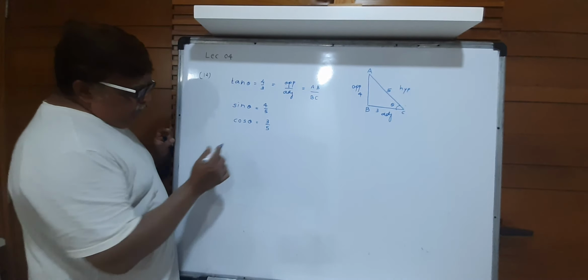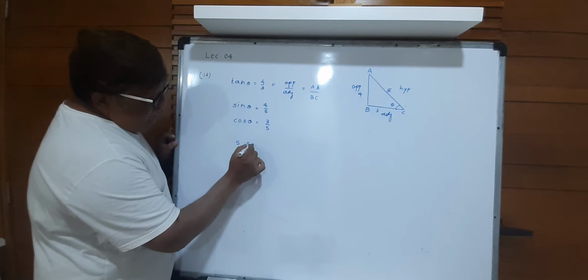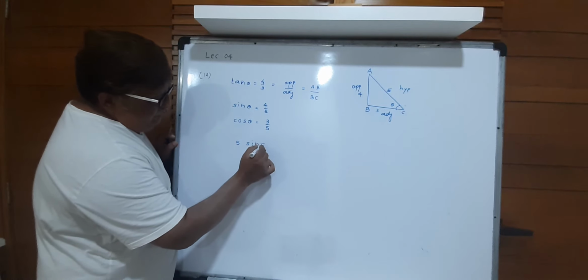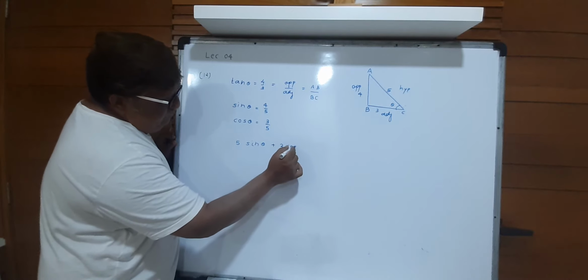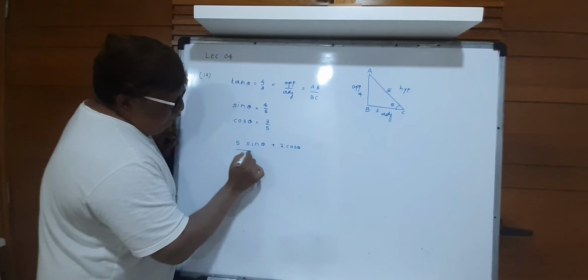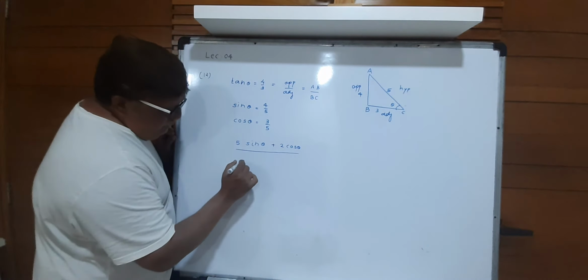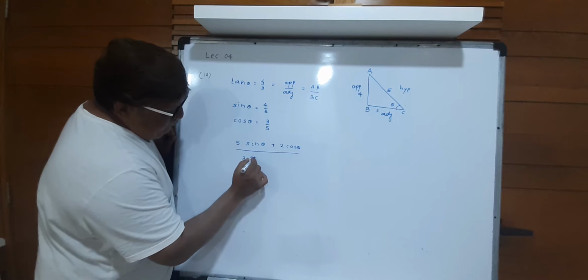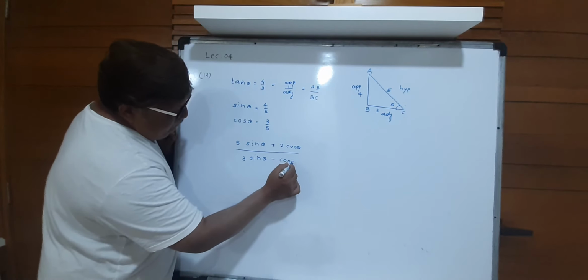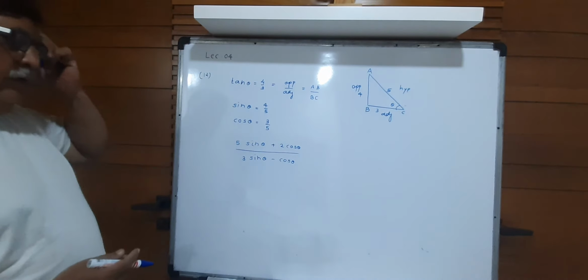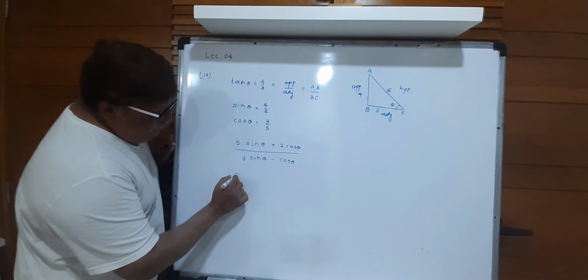And which expression do we have to evaluate? Let us write it first. It is, please concentrate here, 5 sin theta plus 2 cos theta upon 3 sin theta minus cos theta. Okay, first you write this. Let us substitute the values.